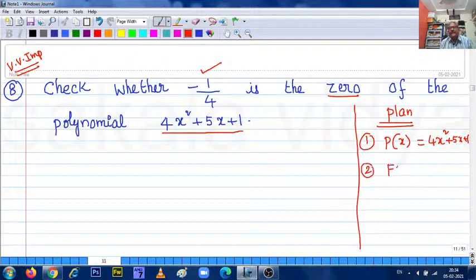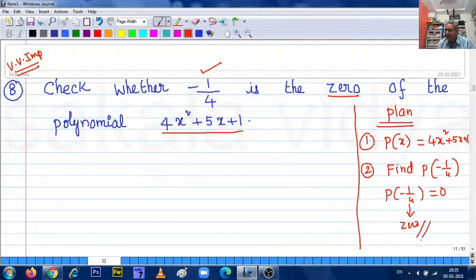That means find p of minus 1 by 4. Suppose if p of minus 1 by 4 is equal to 0, then this is 0. Otherwise it is not 0. That we need to write. Okay. So now you try this question, all of you. Try this question.